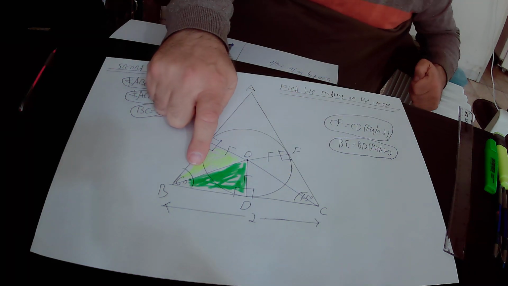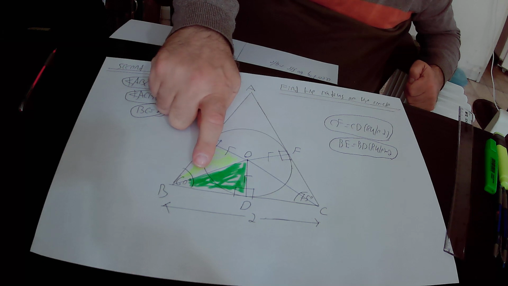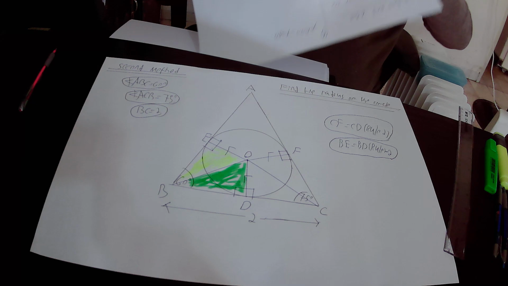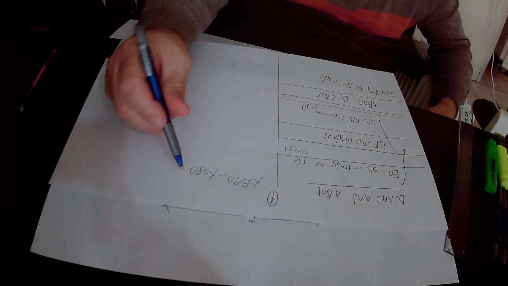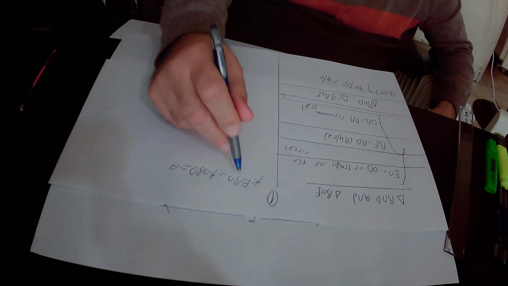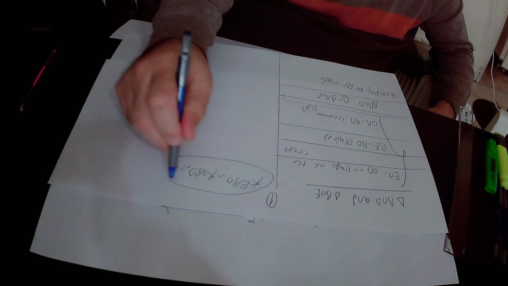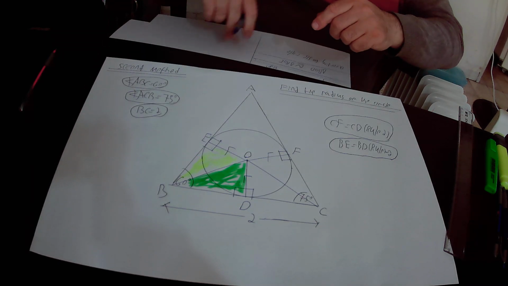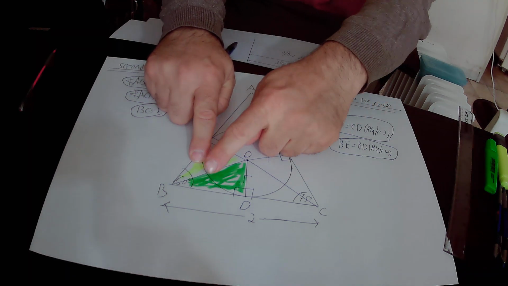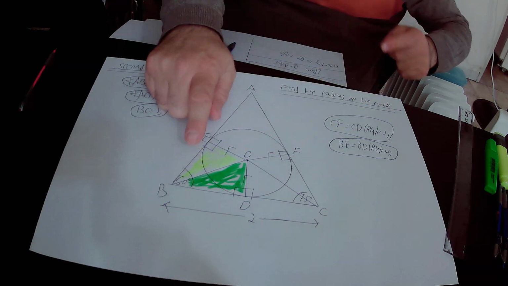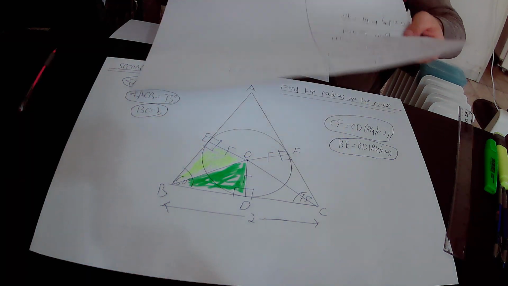So if we define this angle as theta, then the other angle must also be equal to theta because they are equal to each other. And therefore, here we have theta plus theta, that is 2 theta equals 60 degrees.